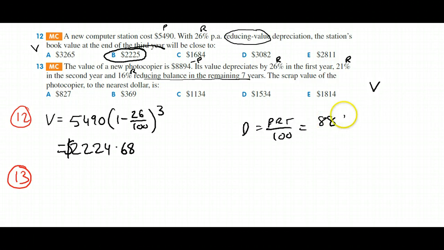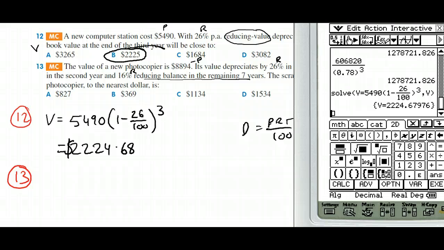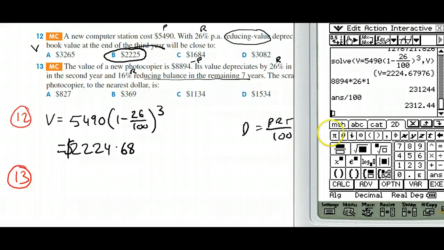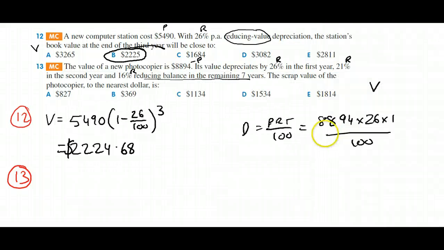We've got 8894, we've got 26, and we've got 1, and it's over 100. So 8894 times 26, we'll put times 1 just for the heck of it, and we get 2312.44. That's the depreciation in the first year.